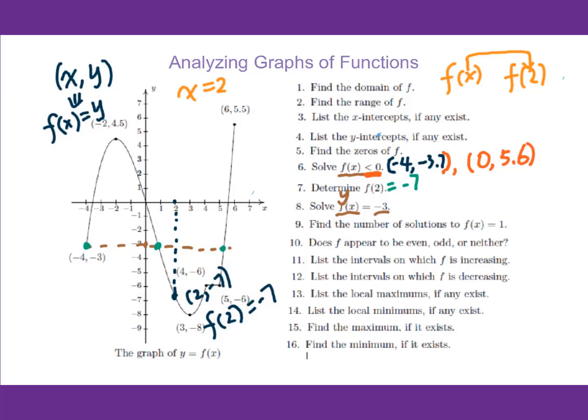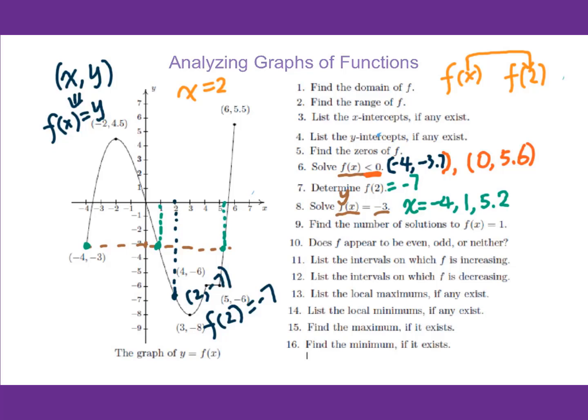You will have 3 solutions. x equals -4, this is 1. Then here, just estimate. Let's do 5.2.